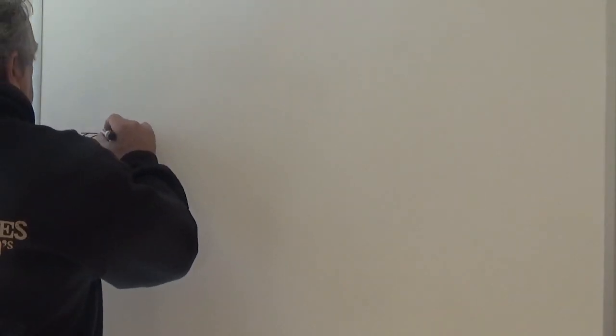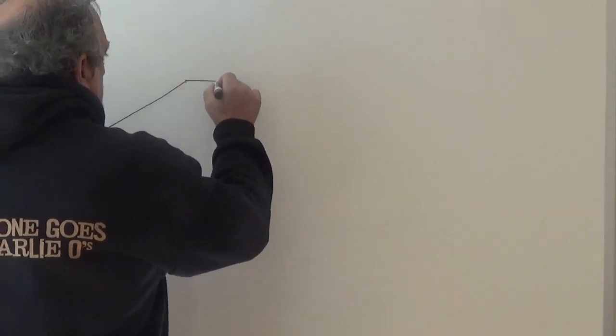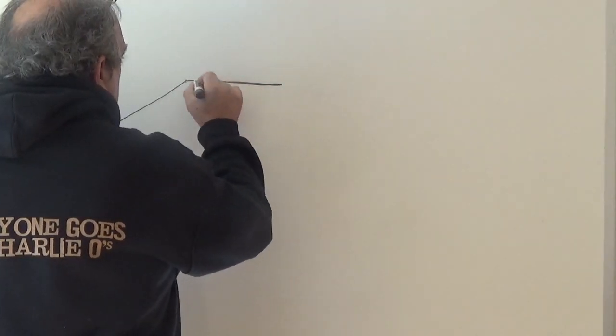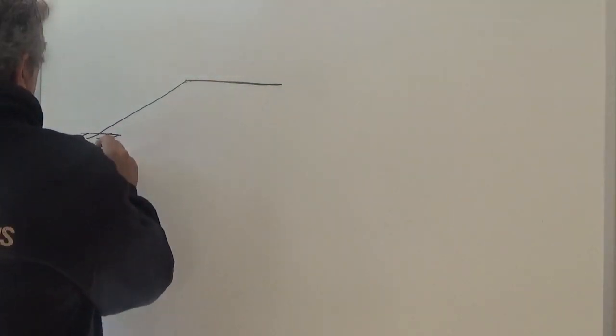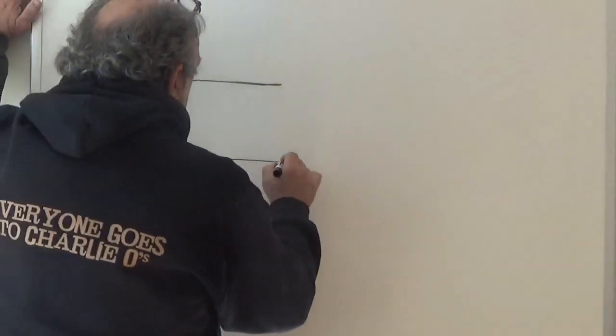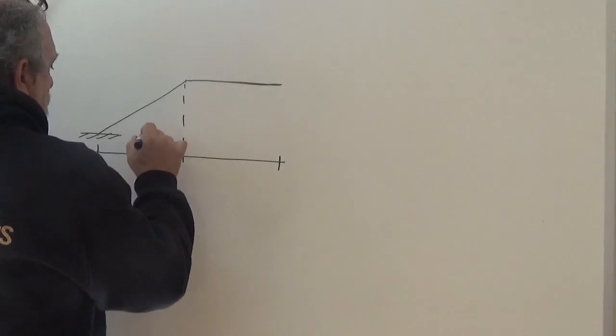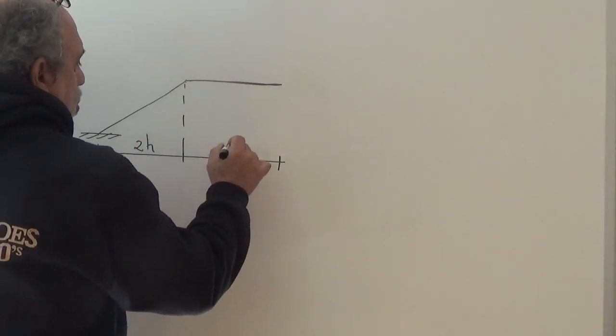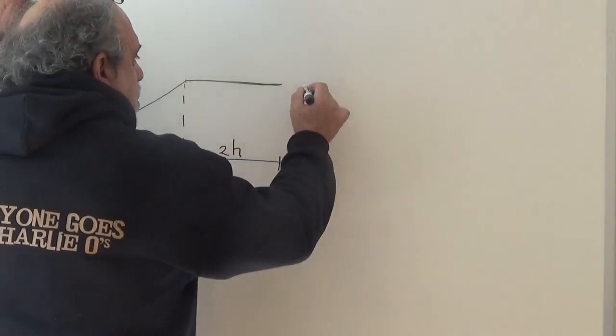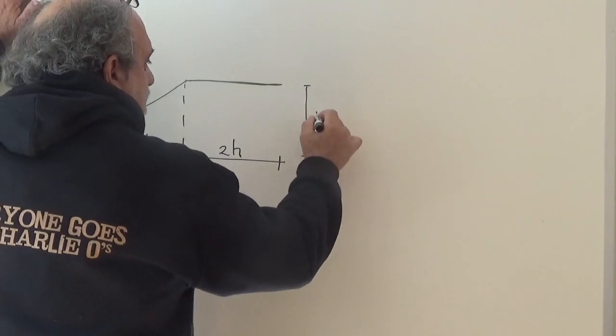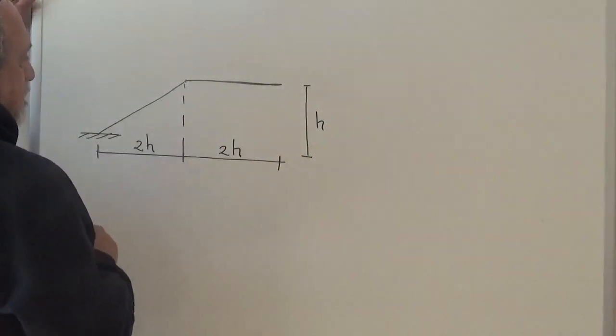So I start with this structure. Okay? We're going to take it to have 2h, and in order to have something where we're not always having 45 degrees, let's say this is h.